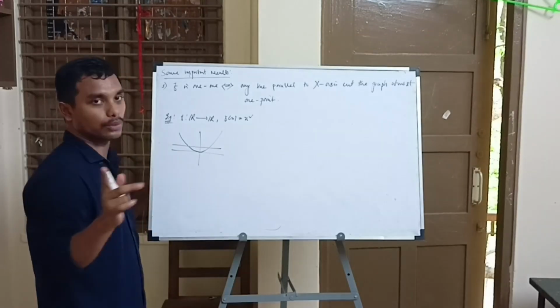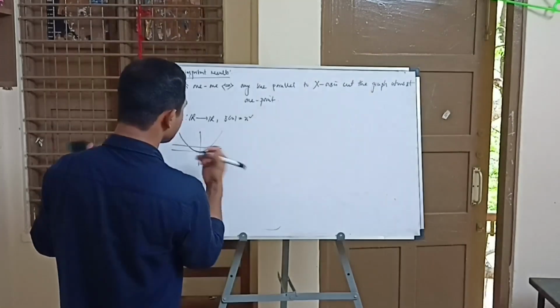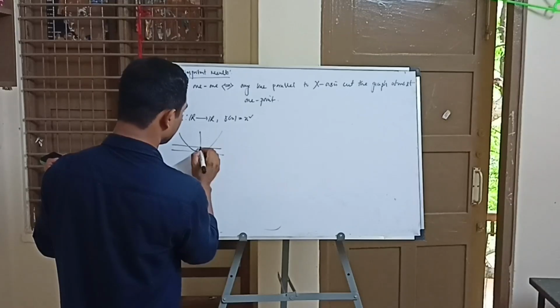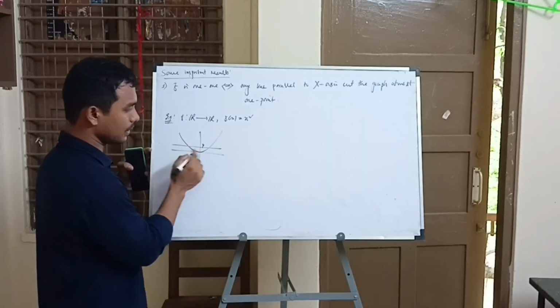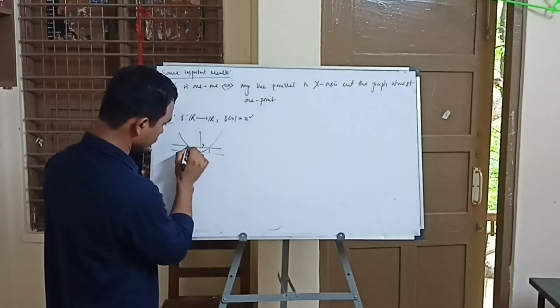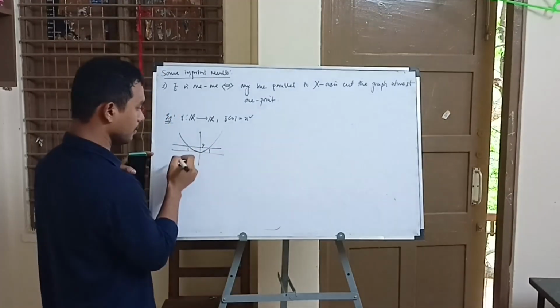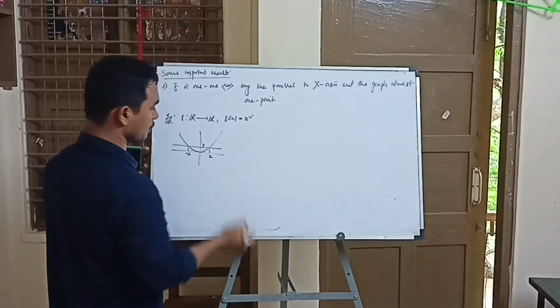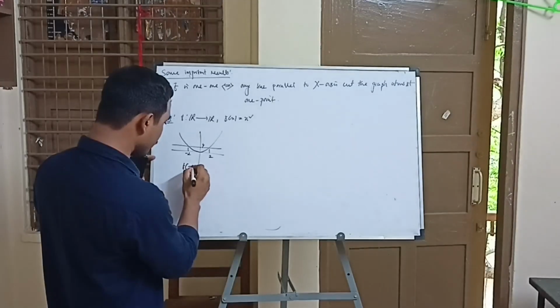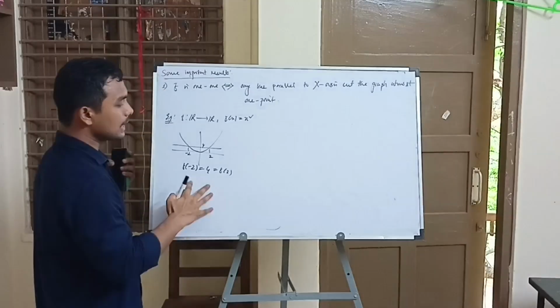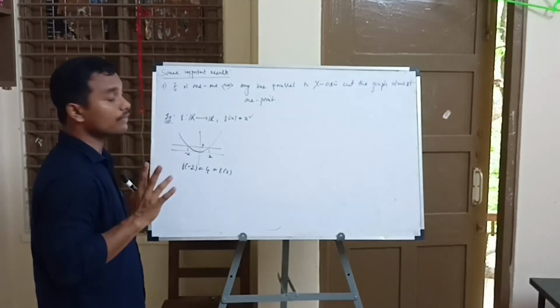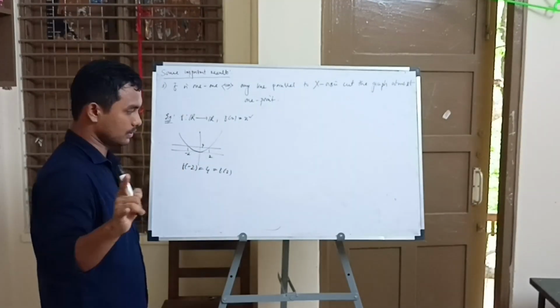So this function is not one-one. Why is this not one-one? Suppose here is the point 4. 4 is here. Minus 2 is here. That means f of minus 2 is also 4, f of 2 is also 4. That's why this function is many-one, not one-one.